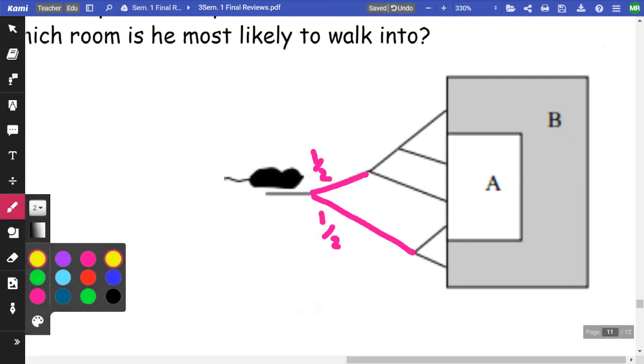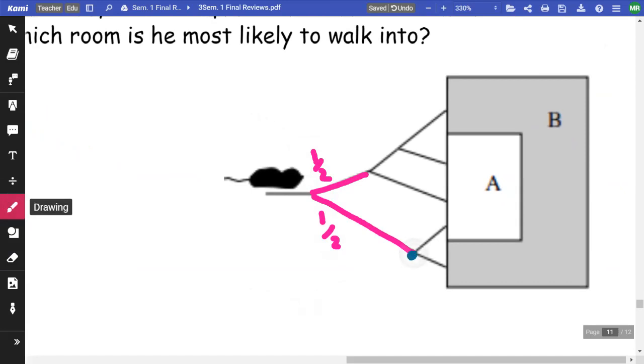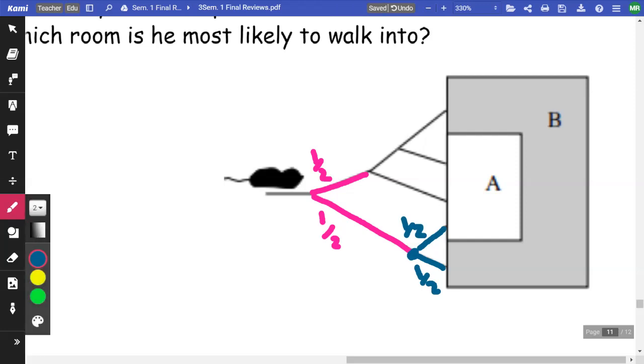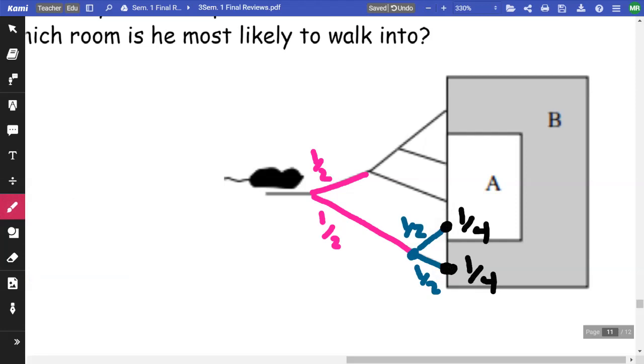And then from here, I again have a 1/2 and a 1/2. Let me just do the math here. This end is going to be a 1/4, 1/2 times 1/2. This is also going to be a 1/4.